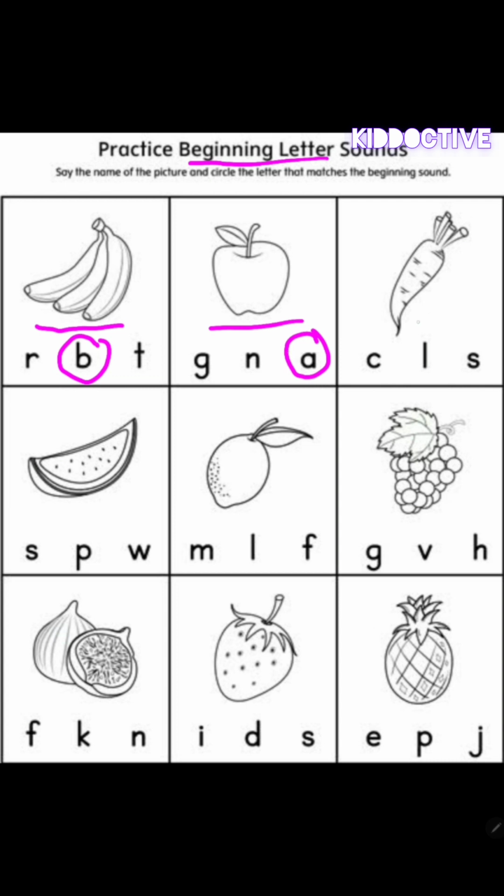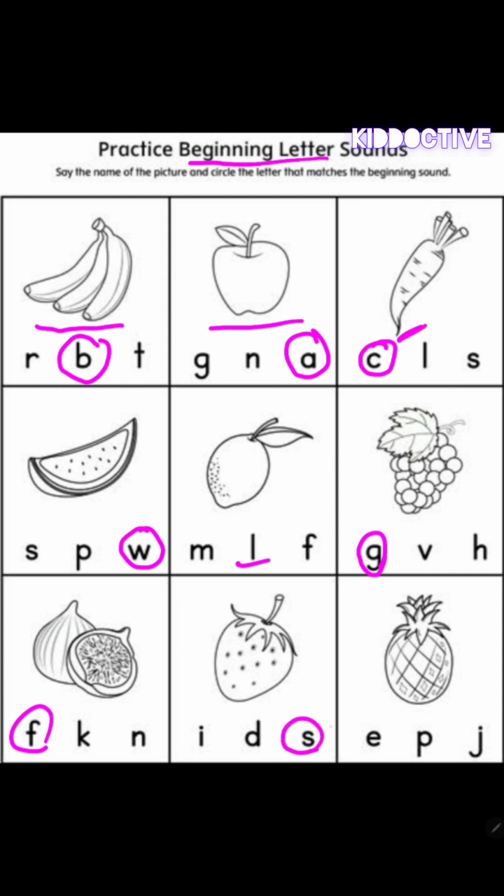Coming to third picture, carrot, C for carrot. Now coming to fourth picture, watermelon, W for watermelon. Now coming to fifth picture, lemon, L for lemon. G for grapes, F for fig.